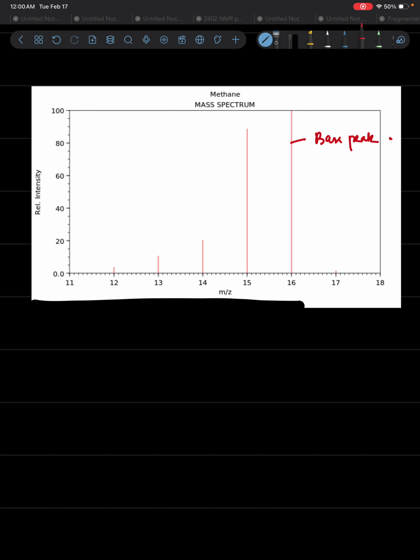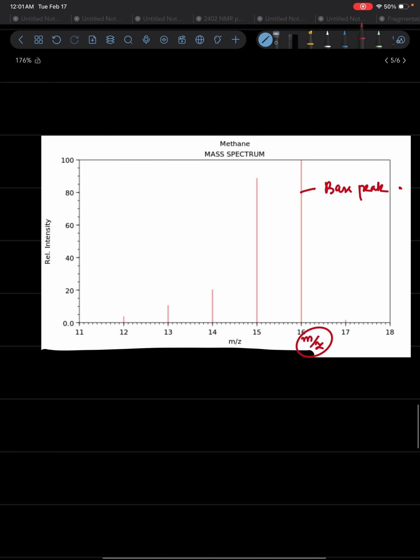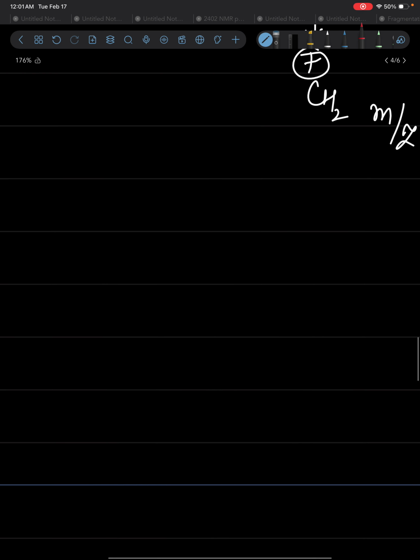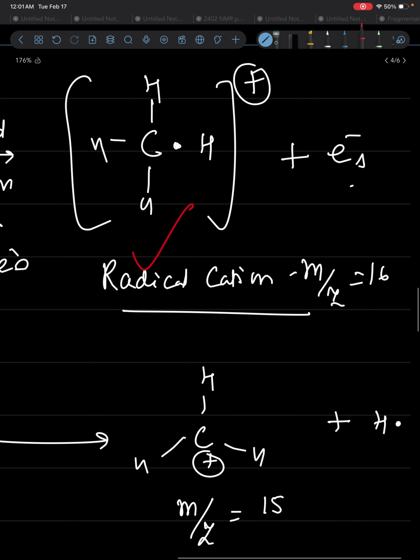Since its relative intensity is the highest, the species corresponding to this M/Z ratio is present the most. And what is that species which has an M/Z ratio of 16? It is the radical cation.